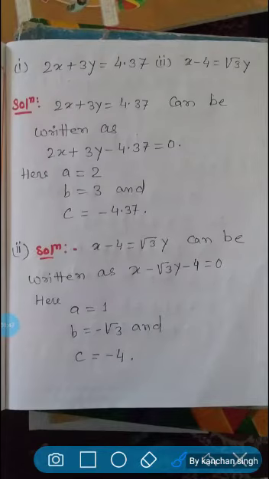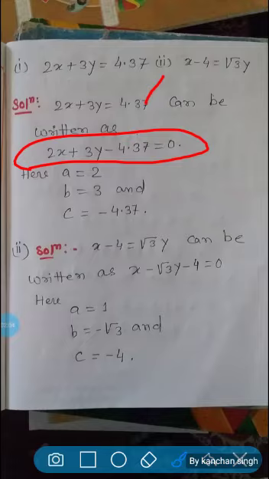Even though here our question is to write in the form ax plus by plus c is equal to 0. Is that okay? So this equation can also be written as 2x plus 3y minus 4.37 is equal to 0. Now here we will write a is equal to 2, b is equal to 3 and c is equal to minus 4.37.